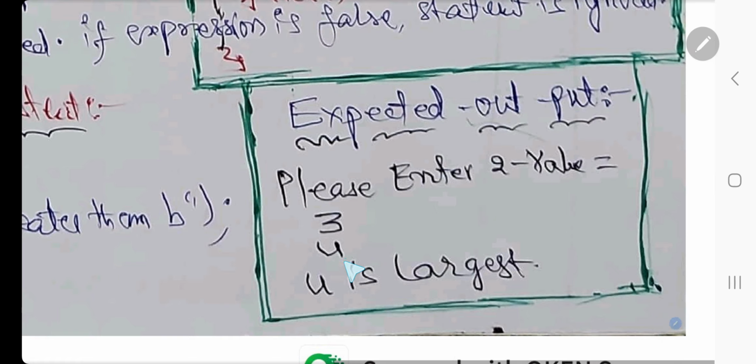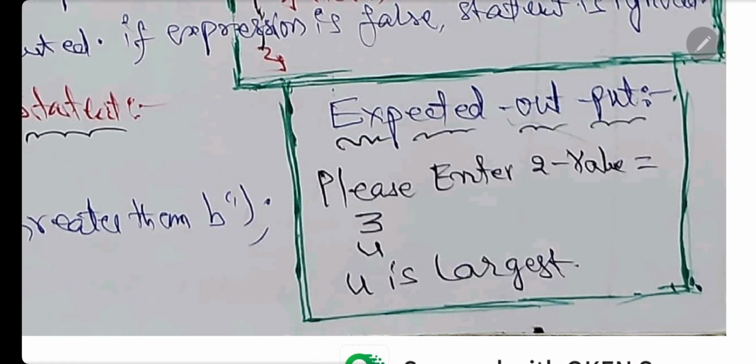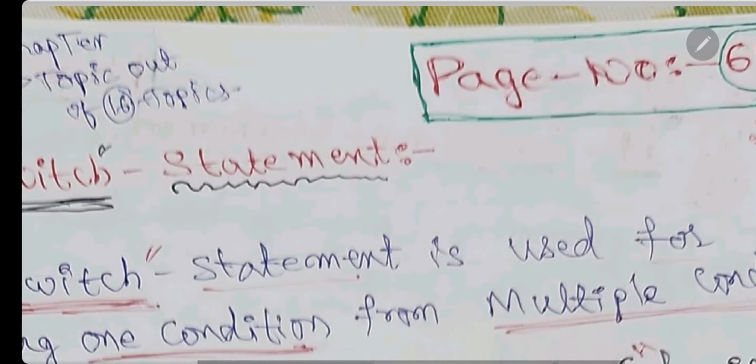I have entered 3, 4. 4 is larger. If I enter 4, 4, we will get both are equal. I wrote expected because I'm not doing it on the system practically, but write a program for every theory.